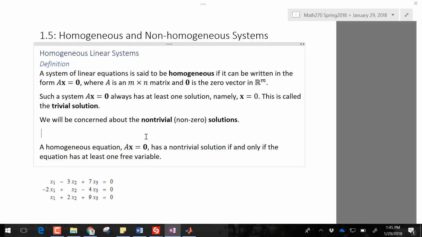What we're interested in is trying to figure out the non-trivial solutions. And we have some sort of a key as to when we would have a non-trivial solution. It says here, a homogeneous system is going to have a non-trivial solution if and only if the equation has at least one free variable. So this is where we get our free variable business. It's going to help us.